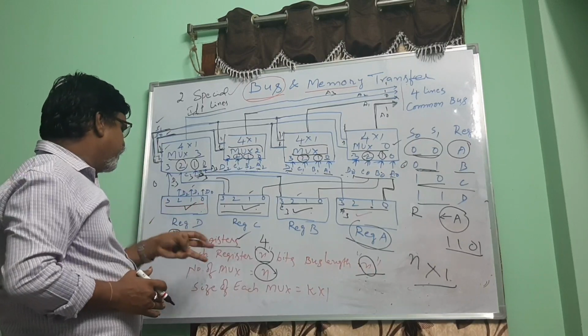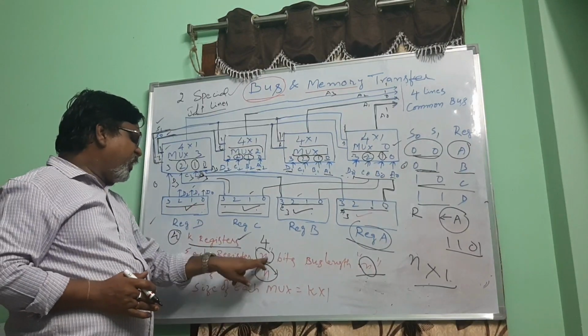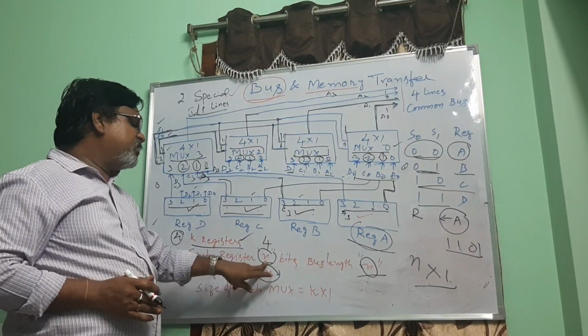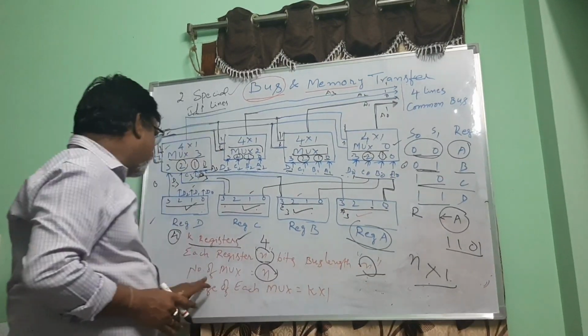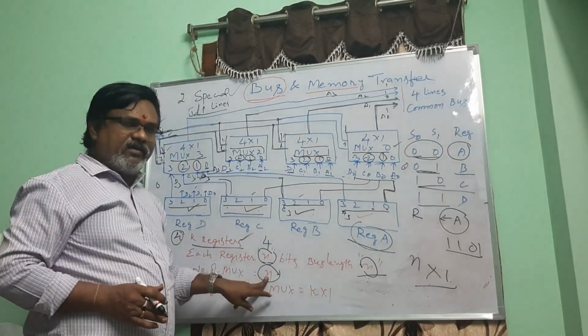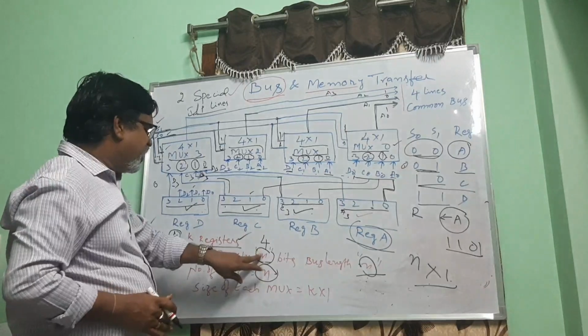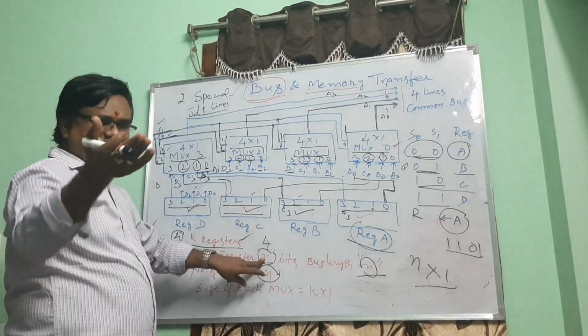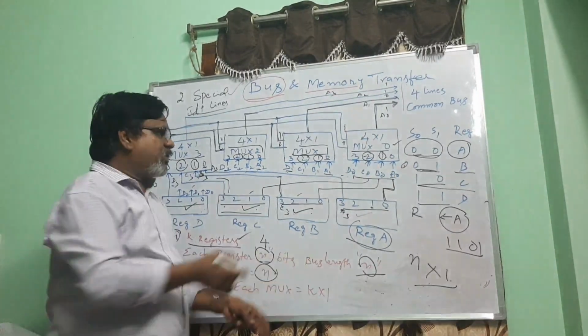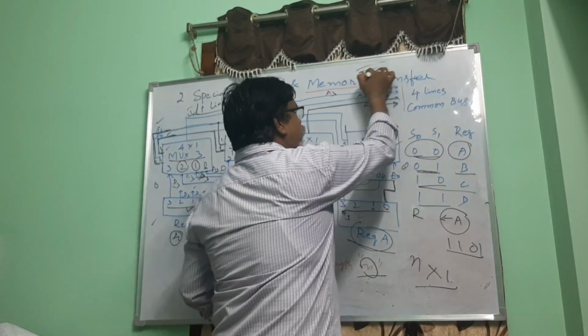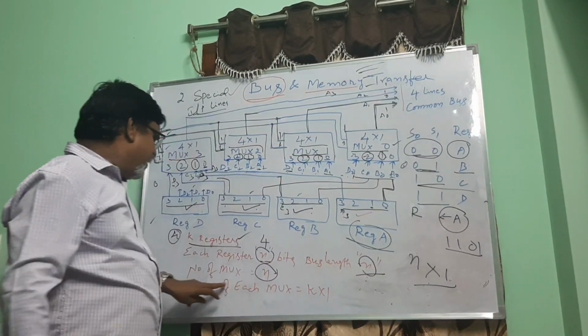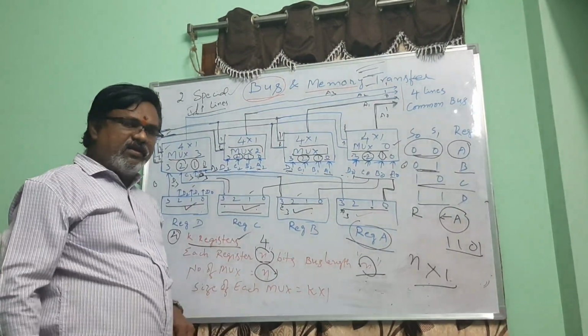Each register is of 8 bits, the bus length is also n, so the total number of multiplexers required is n. The register contains n bits, that is 8 bits as I told you now. The bus length should also be 8 lines, 4 more lines will come here, and the number of multiplexers required is n.